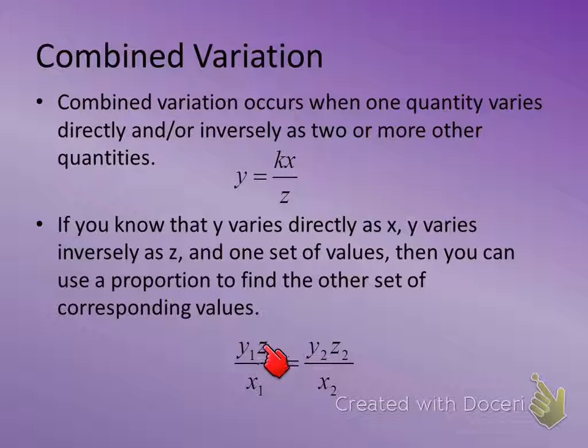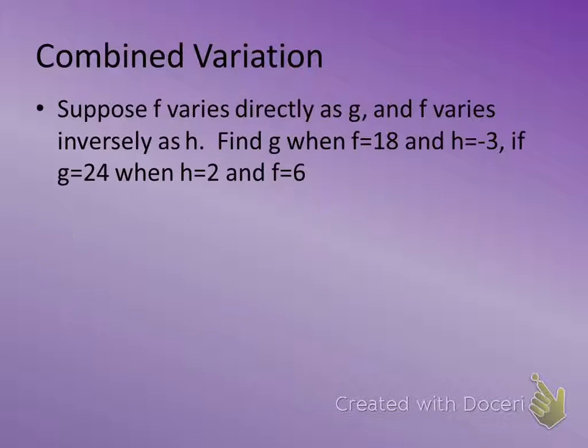It's the hardest one, it's the most confusing one. So just pay attention to where the words are in the problem, and pay attention to where the numbers go correspondingly to that. Okay, so for example, suppose f varies directly as g and f varies inversely as h. So whenever we have it like that, f is on the left.